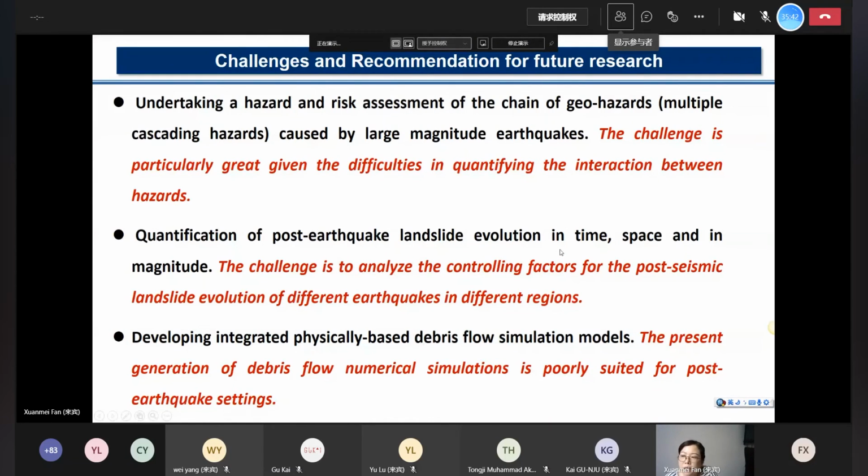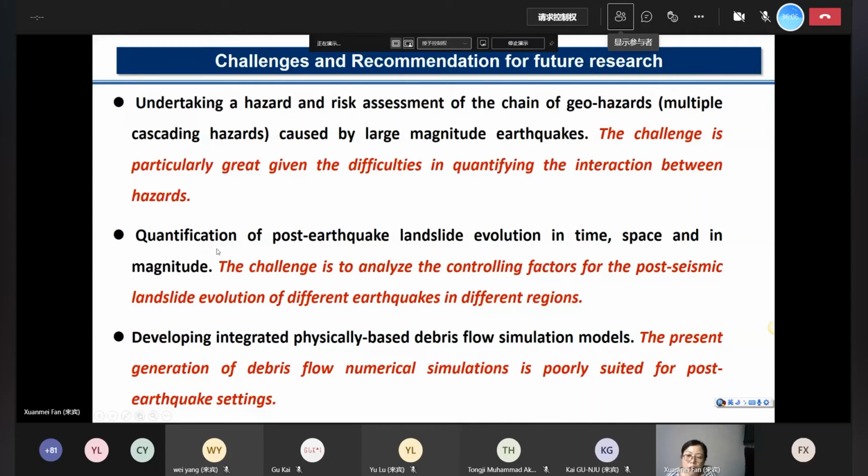So we think the challenge for the future is to understand the interaction between different types of hazards, like the chain of geological hazards, which always involves different types of hazards. Trying to understand and quantify their interaction is very important.